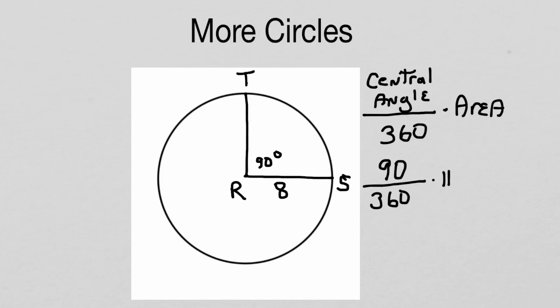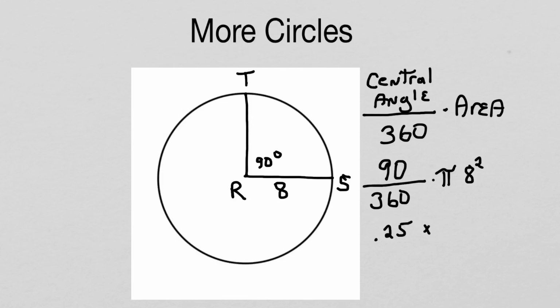I'm hoping everybody knows this, but just in case, it's pi r squared. So pi r is 8 and we square it. 90 divided by 360 is 0.25, times pi r squared. To get this right, the first thing you need to do is square the radius.